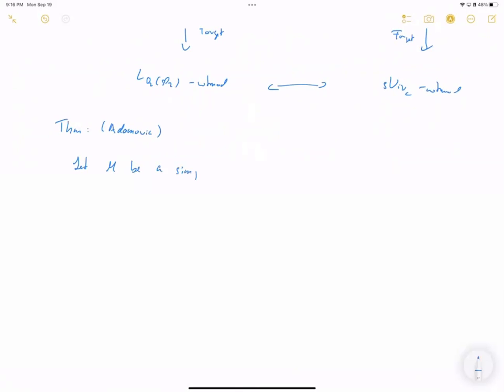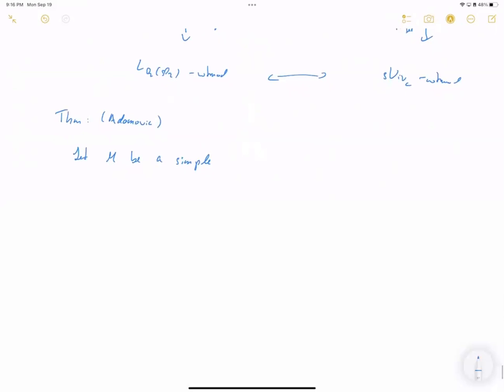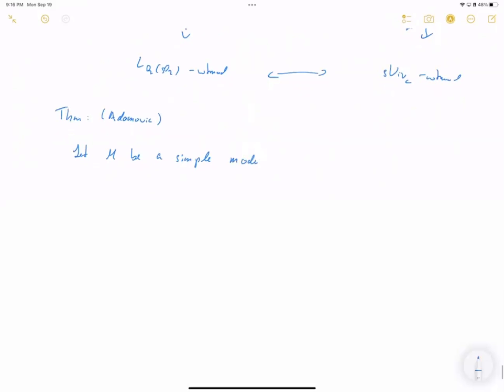So it's a statement that this free field realization, or this pi naught times VRSO realization, is very good in the following sense: let M be a simple module for SL2.